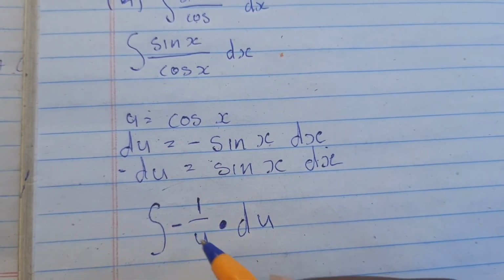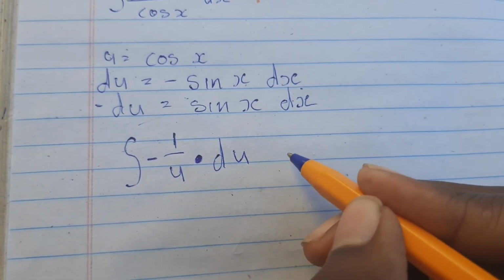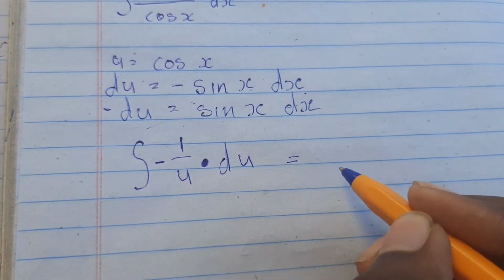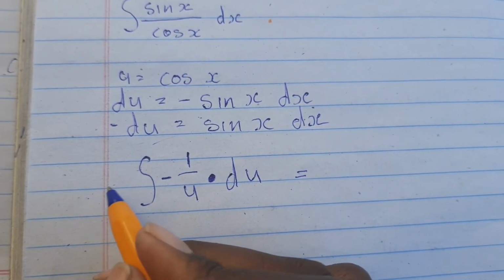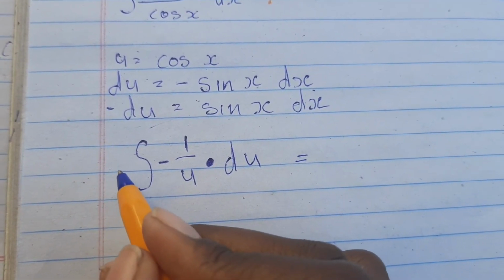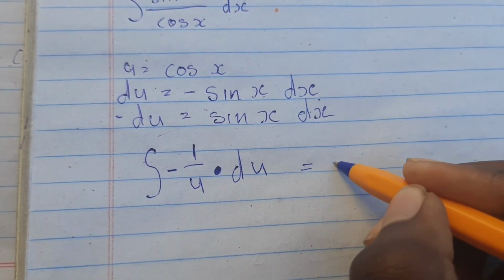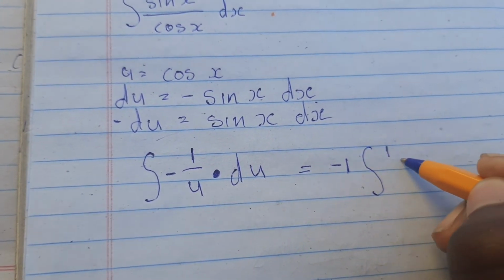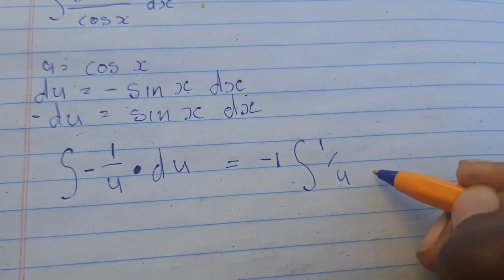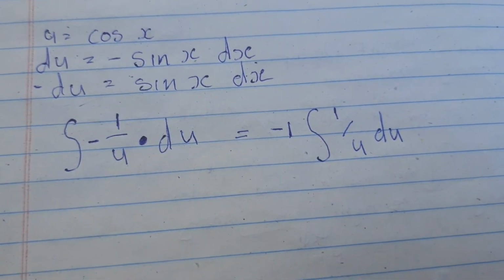The thing about integration is that when you have a coefficient, you can pull it out to make life easier for yourself. So we pull out the -1 and I'm going to have 1 over u du.